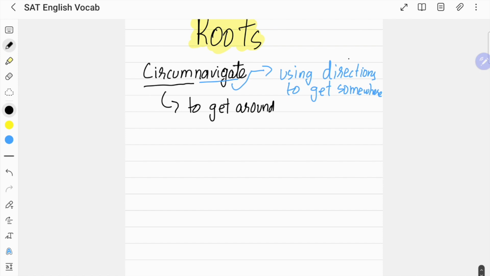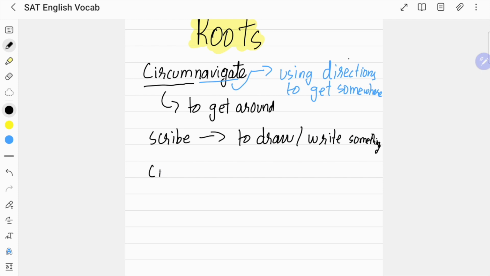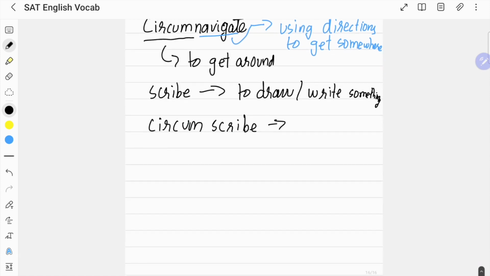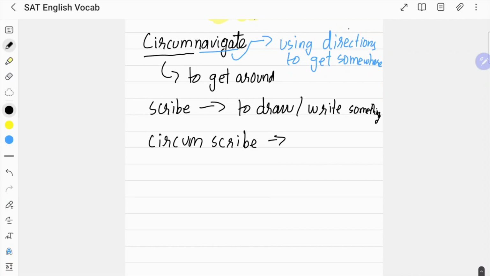Another word we can use is scribe, which normally means to draw or write something, or they can ask circumscribe. Circumscribe is normally meaning to draw a line around the set limits.